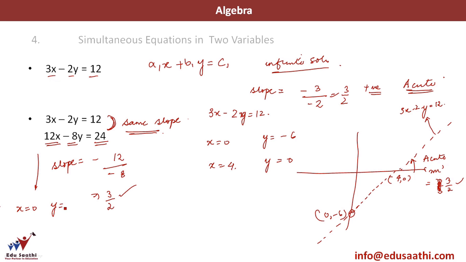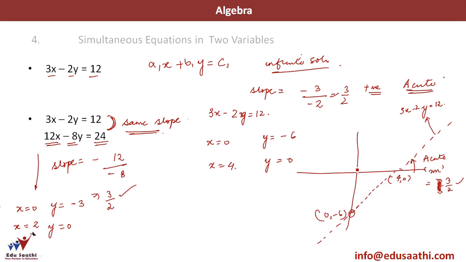The value of y that I get is 24 by minus 8, which will be minus 3. If I put y equal to 0, the value of x comes out to be 2.